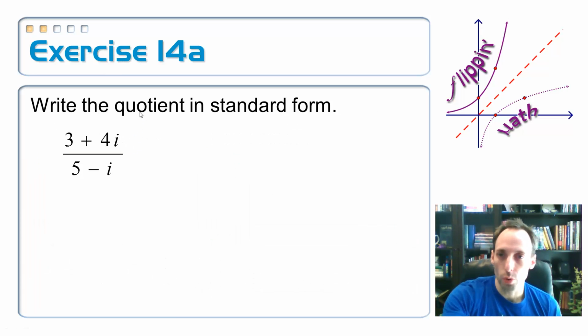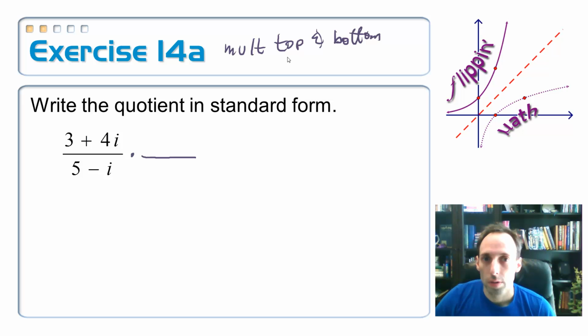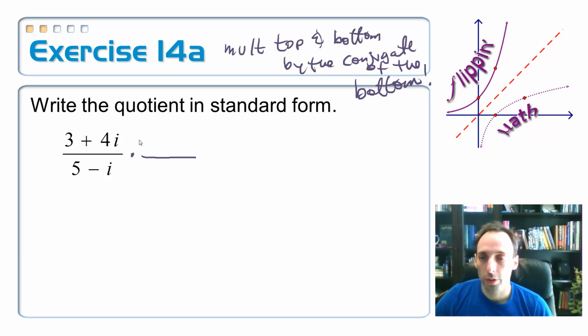So write this quotient in standard form. So we're going to do this by multiplying the top and the bottom by the conjugate of the bottom, 5 plus i. 5 plus i.